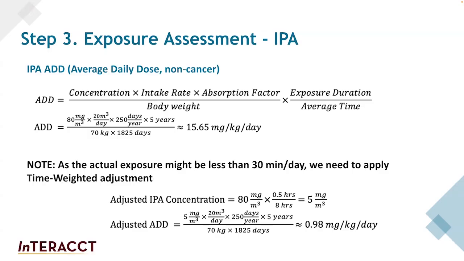Using this adjusted concentration in the ADD equation brings the adjusted ADD down to approximately 0.98 milligram per kilogram per day, which is more realistic for the actual work scenario.